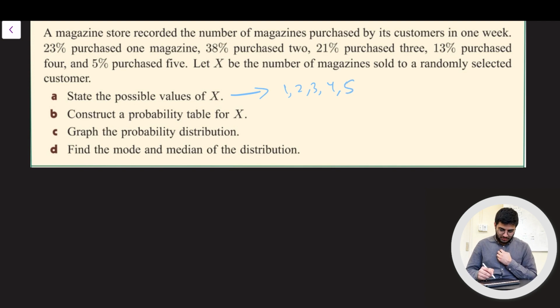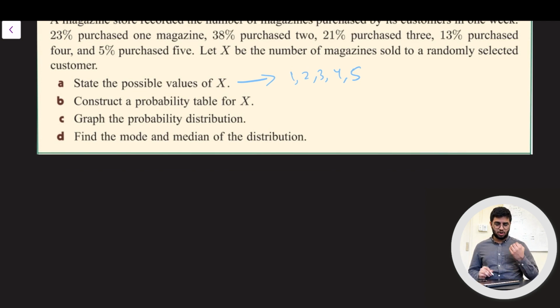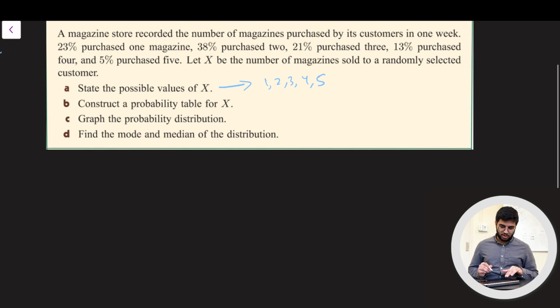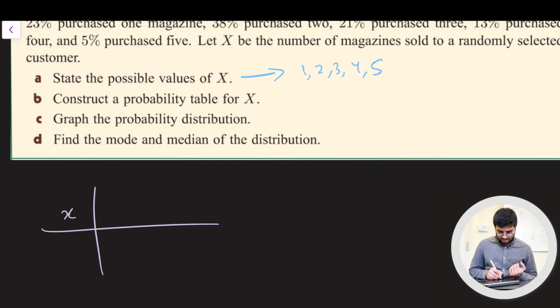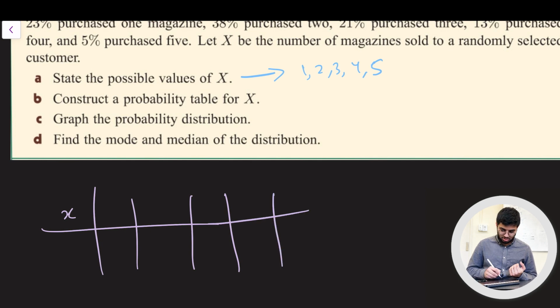Now we're going to construct a probability table for X, which we have looked at before. Let's just quickly do that. So we have X as the possible values: 1, 2, 3, 4, and 5.